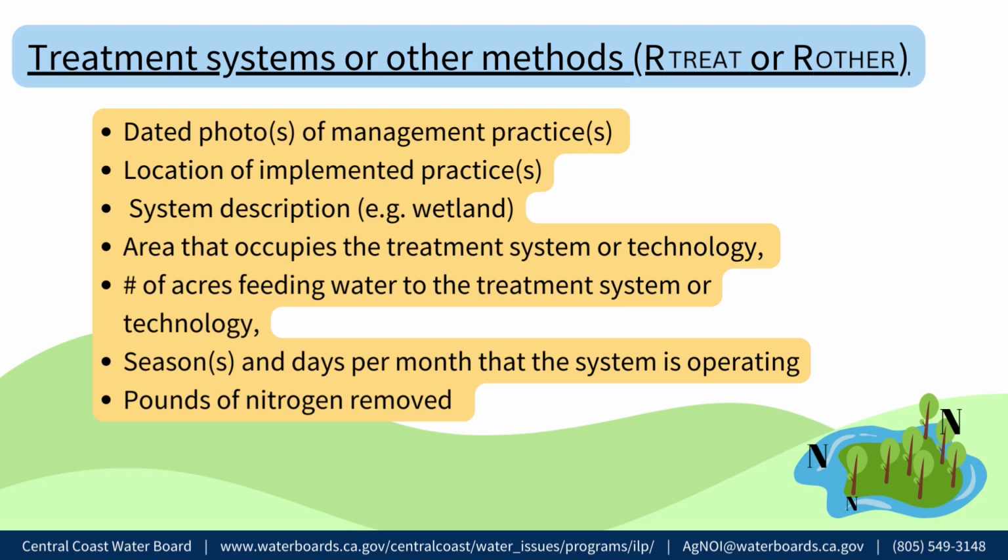Growers with treatment systems on their ranches and growers participating in collective treatment programs or systems, such as wetlands or denitrifying bioreactors, should monitor the total nitrogen removed from these systems.